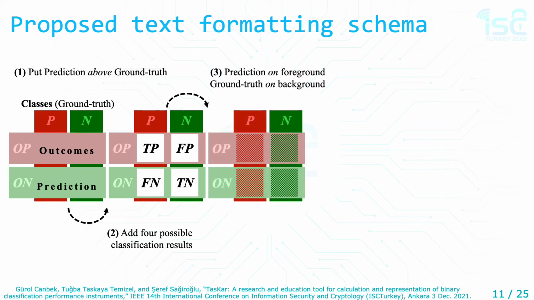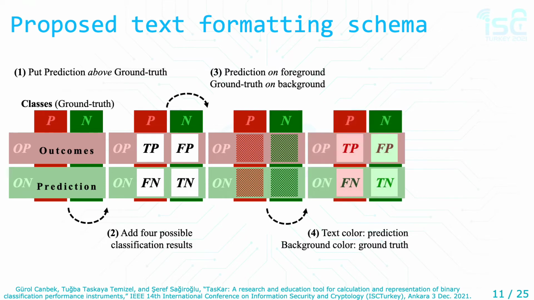As you can see, the overlaps of outcomes and ground truth exhibit a slight color variance in all elements. Per each element, we choose a text color from prediction and a background color from the ground truth.